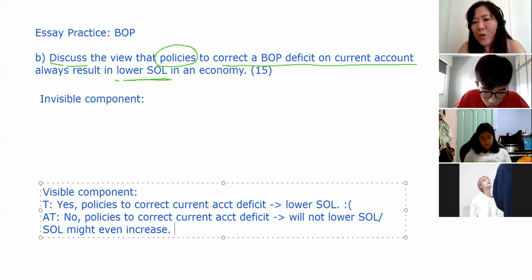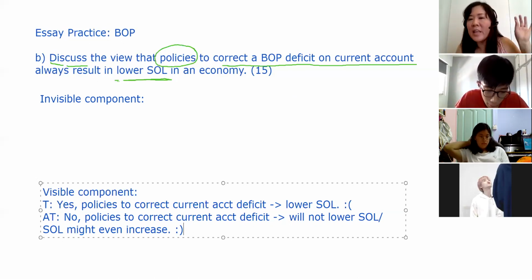So you either argue for how it will not lower SOL or how it might even increase SOL. Understand? But this is only the visible component, the direction of what you are supposed to generate.